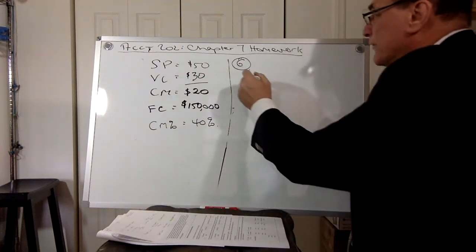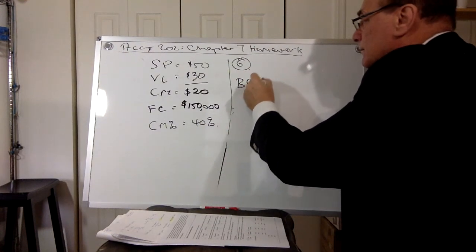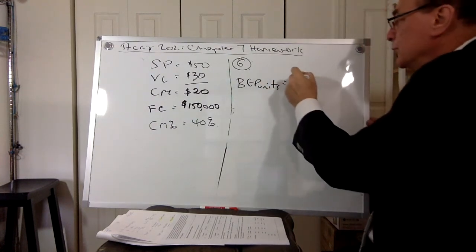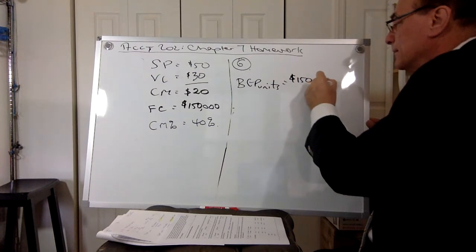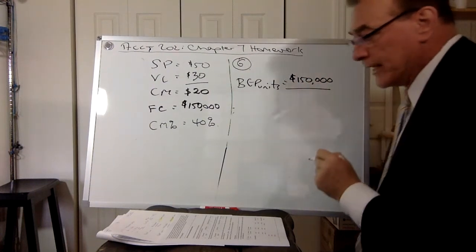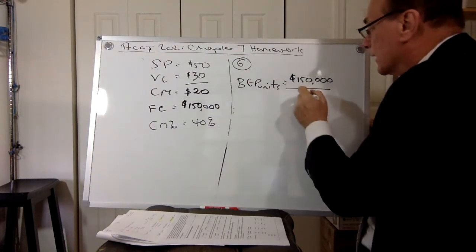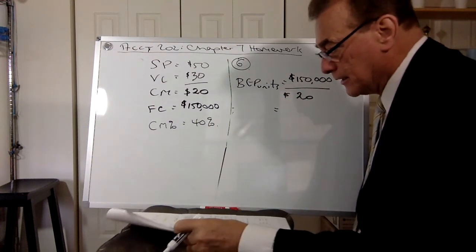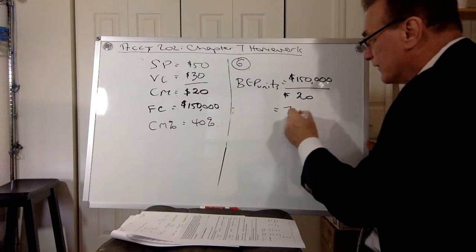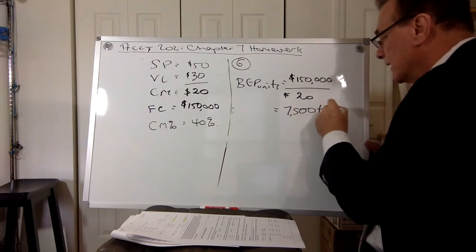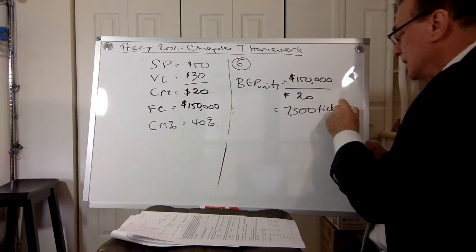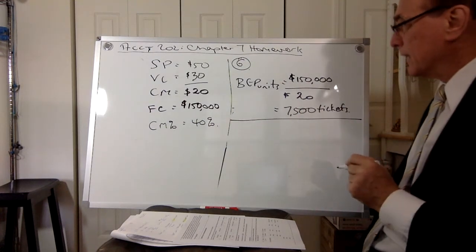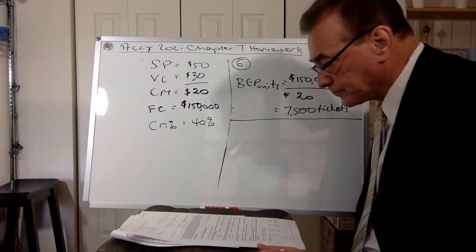Okay, so the break-even point in units, we have new fixed cost, 150,000. Contribution margin is still $20. So 150,000 divided by $20 is 7,500 tickets. So they're selling fewer tickets to break even because they've reduced their fixed costs.